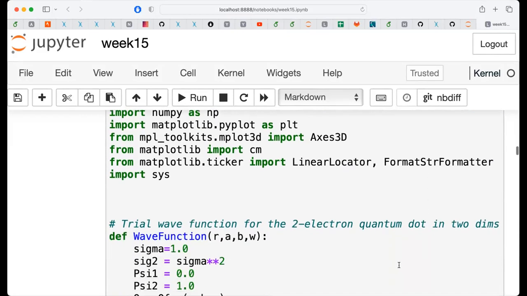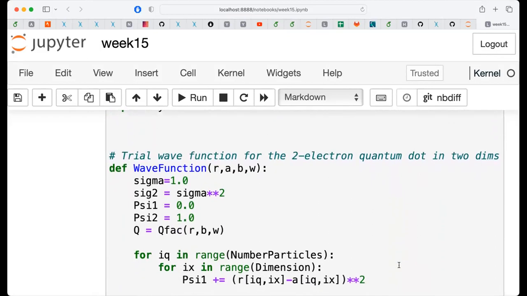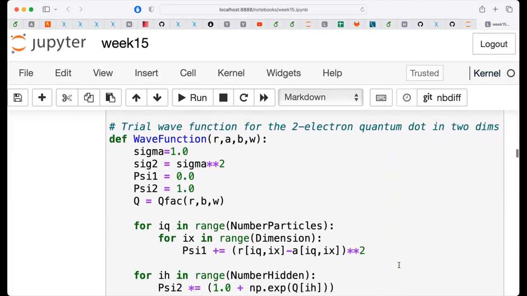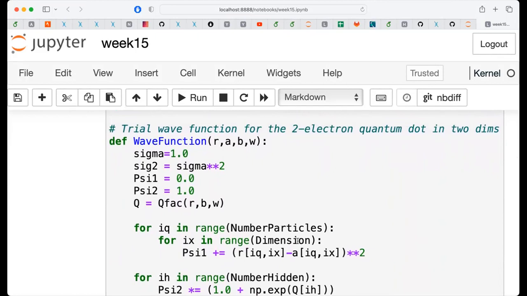So in this specific case, without bringing back all the details, we are setting up a trial wave function, which is given by the Boltzmann distribution, and where we're setting up the positions of the different particles. So A, B, and W are the parameters theta. So A are the biases for the visible nodes, B are the biases for the hidden nodes, and W are the weights for the connection between the visible nodes and the hidden nodes.